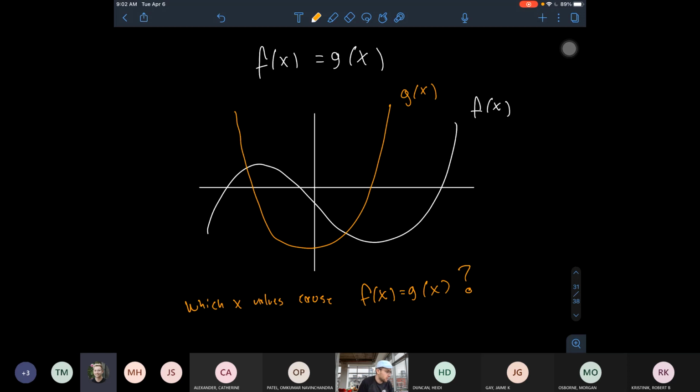I think you're right, Heidi. But let's go through this mental exercise to remind ourselves of how to use the graphs of functions to solve equations. If we have that the equations should be equal to one another, what should happen with the graphs?